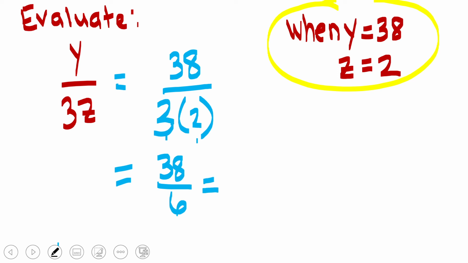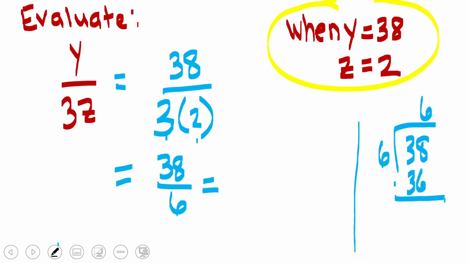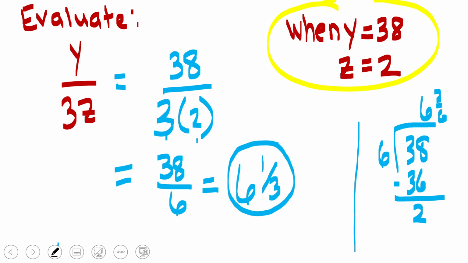And then we do some work in our margin, and we say we have an improper fraction, so we can say 38 divided by 6. Okay, I'm going to work this. 6 and 2/6. 2/6 reduces to 1/3. So our final reduced value is 6 and 1/3, written as a mixed number from the improper fraction.